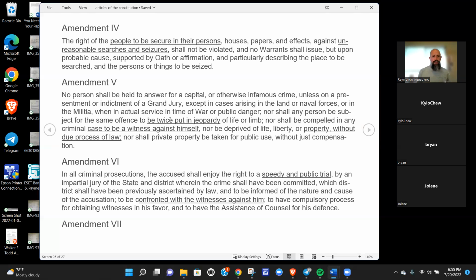You can't be tried twice for the same thing, even in a different court. Same offense. You cannot be compelled in any criminal case to be a witness against yourself. You can't incriminate yourself. This is the justification for the Miranda rights, that you don't have to say anything.